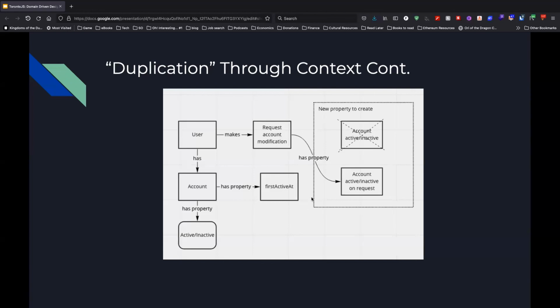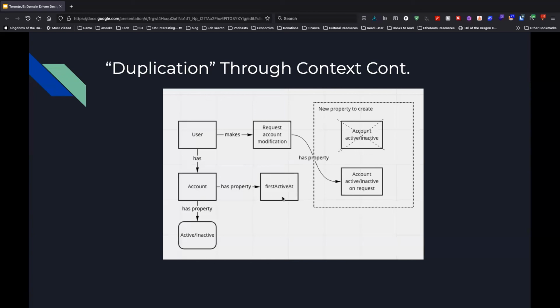Yes, I could have done that, but that's not quite good to do so. At least DDD will tell you that's not good to do. The reason is because you are bridging boundaries in this case. This is the boundary of the account, and this is the boundary of the account modification requests. And it may be that in the future, first active at is modified to something else, not just in name, but in meaning.